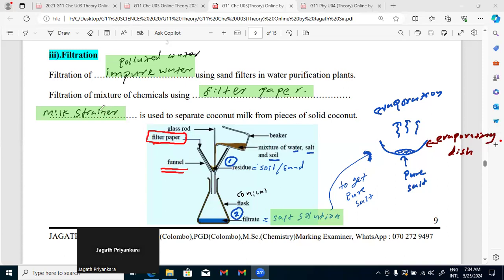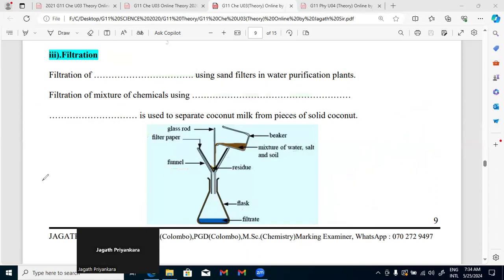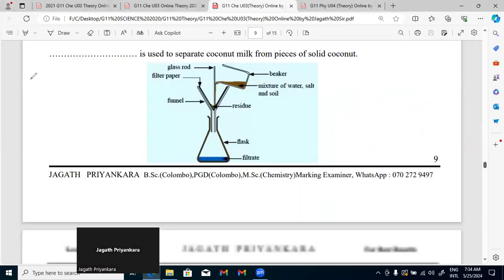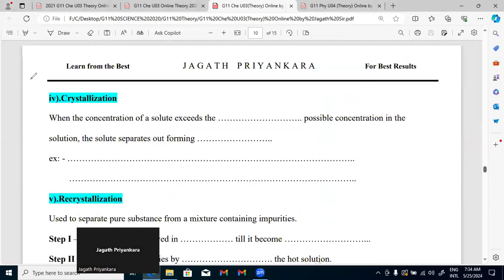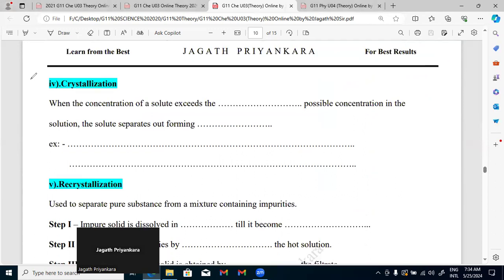Okay, enough time. Then next one, next separation technique. Since there are small practicals that you are supposed to do in school, they can ask them in the structured questions. They say crystallization. Crystallization means obtaining crystals by evaporating solvent.